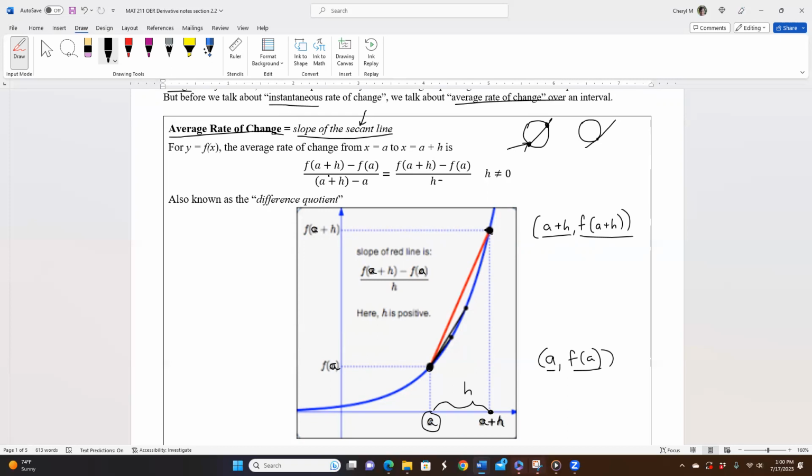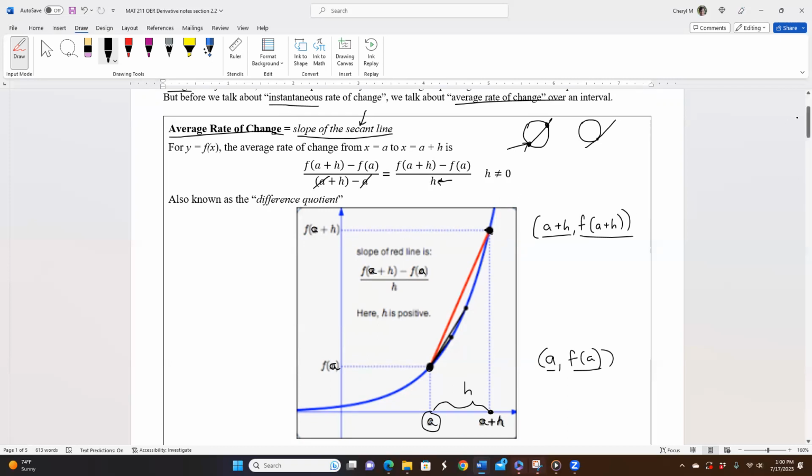Cleaning this up, you would see that the a's cancel in your denominator, so you would just be left with h. So our formula for the average rate of change becomes f of a plus h minus f of a over h, when h doesn't equal 0 because your denominator can't equal 0.